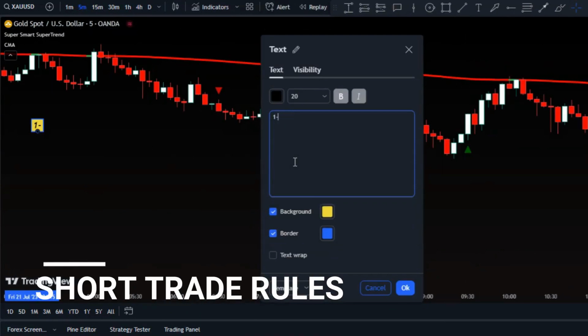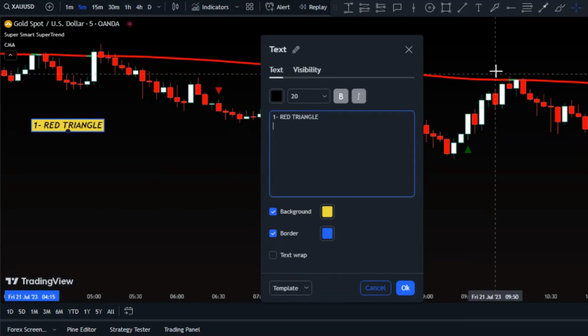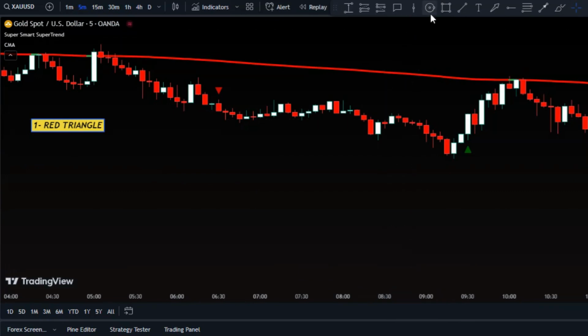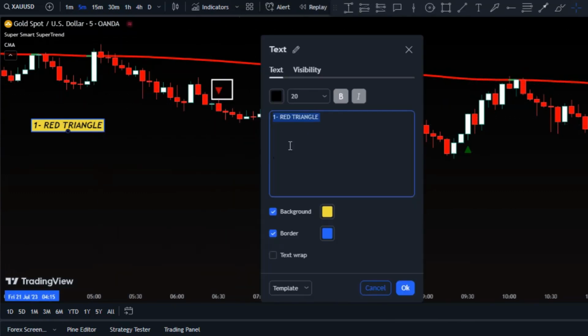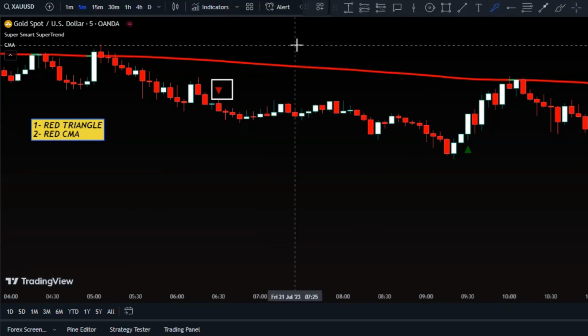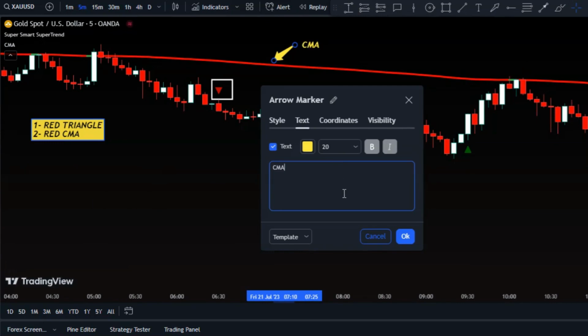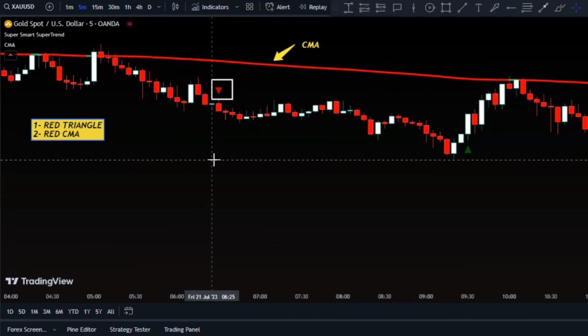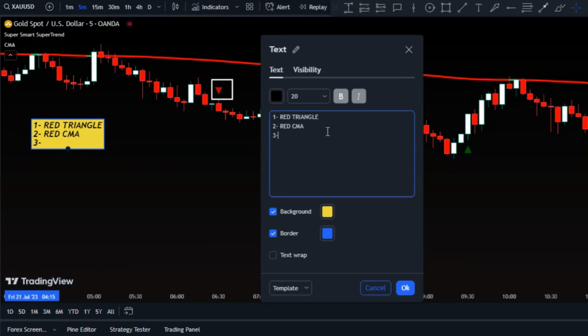And in order for us to enter a short trade, first we need to see a downward triangle form above the candlestick. Second, we need to make sure the CMA indicator has turned red. Then in the next step, the price needs to be below the CMA indicator.